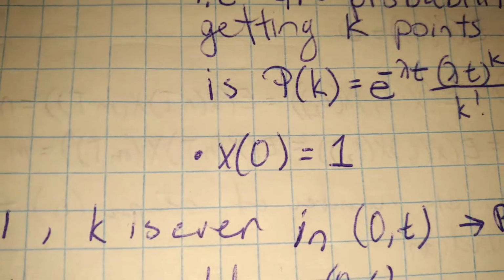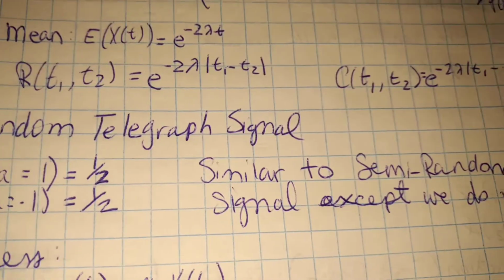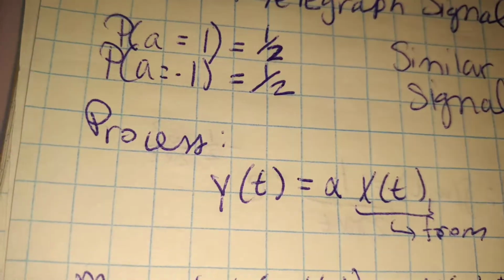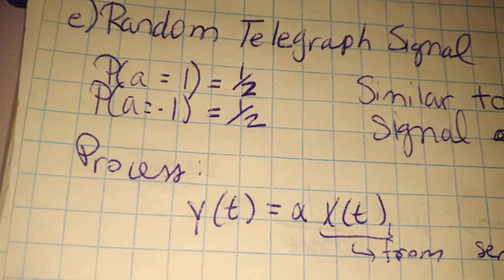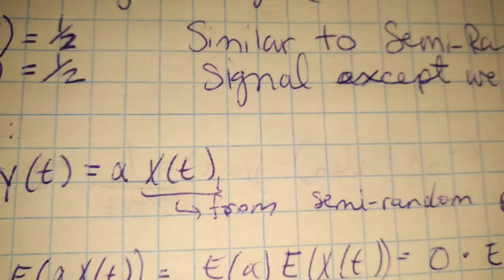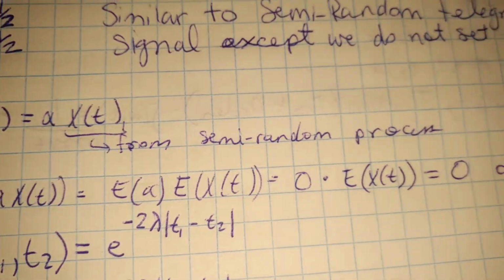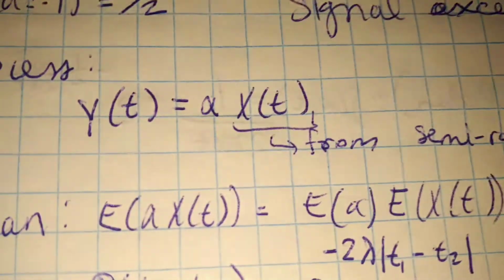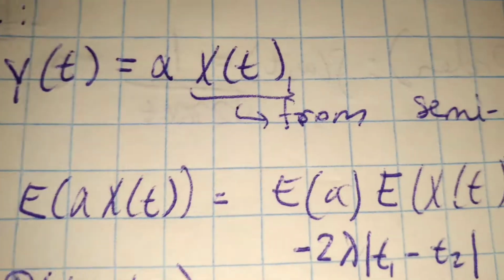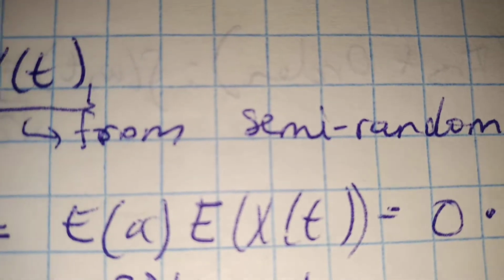Here we set X0 equal to 1, but in a random telegraph signal, you don't set X0 equal to 1. And so the process, you could write it as X(t), but just to make it different from the semi-random telegraph signal, it's Y(t) equal to alpha times X(t). And so the mean is equal to the expectation of alpha times X(t), which is the same as writing the expectation of alpha times the expectation of X(t).